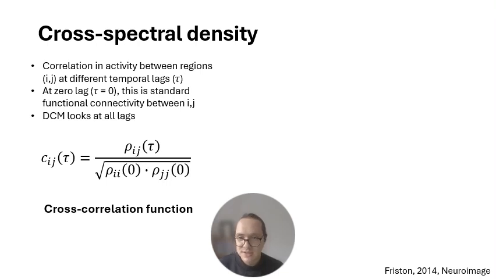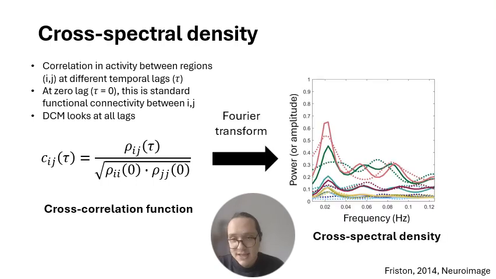And what that means is that with DCM, as opposed to standard functional connectivity analysis, we're getting a much richer temporal characterization of the relationship in connectivity between different brain regions. And it's going to be the Fourier transform of this cross-correlation function that's going to give us our cross-spectral density.